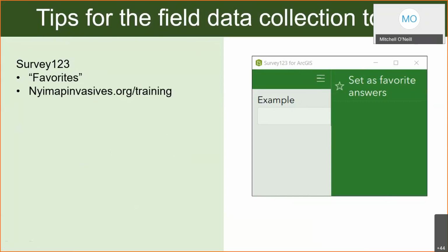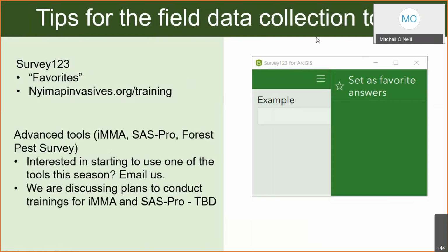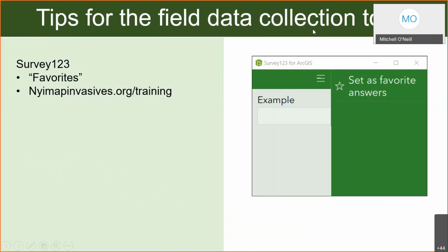For the data fields that will be the same every time you report a record, so your name, your person ID, your organization perhaps, you can save all those answers so you don't have to type them every time by setting them as favorites. And there's actually a little trick where you have to cancel out the record and save it into drafts for this to work. And we do go through that on the help doc for the Survey 123 form on our website in the training tab.